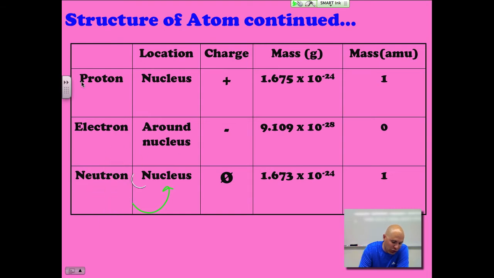Of course, a neutron, just as the name describes, is neutral, which makes complete sense, I hope. Now the third particle, the electron, is located around the nucleus. I don't want to talk too much about it right now; we're going to get into greater detail.